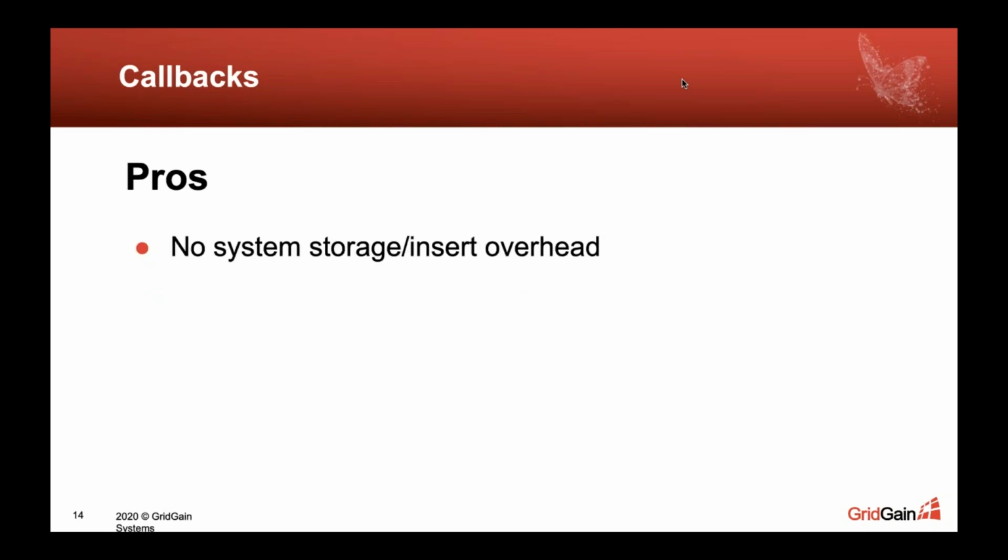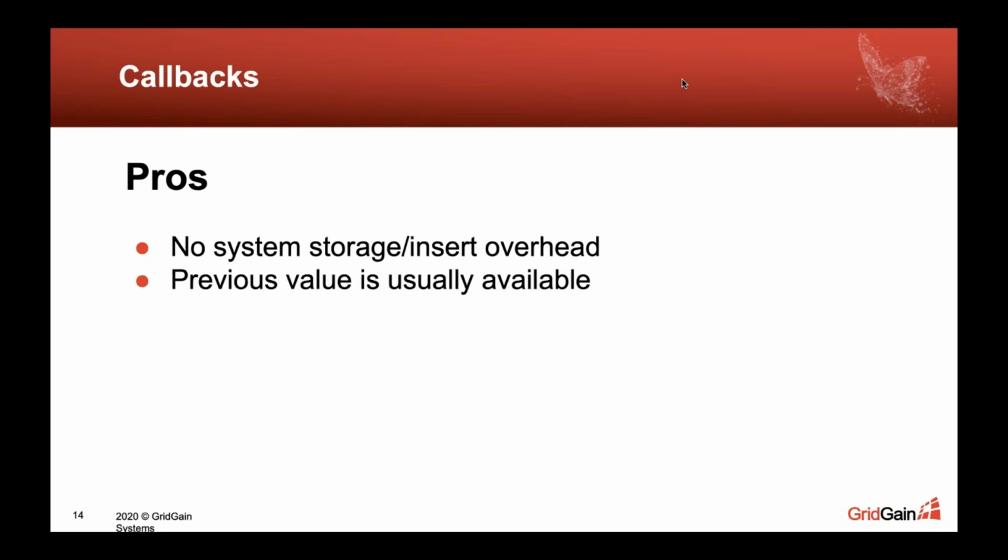As for the pros, essentially when you have a callback or a trigger or an interceptor, you have absolutely no storage or insert overhead. So if your trigger or interceptor runs fast enough, the performance effect is negligible, and you don't add any additional storage space or columns to your model.